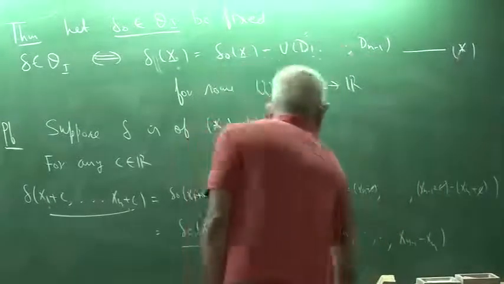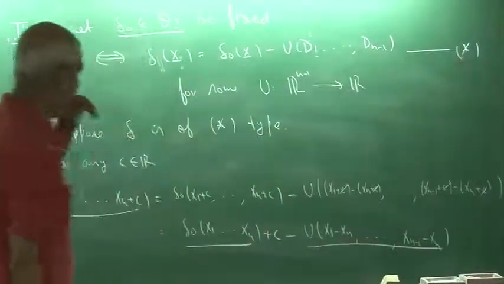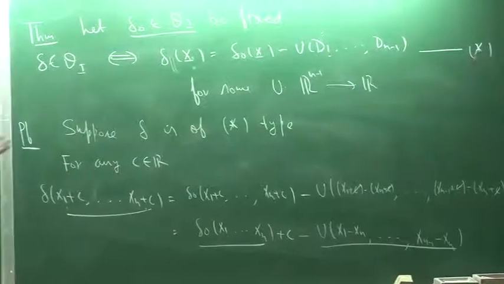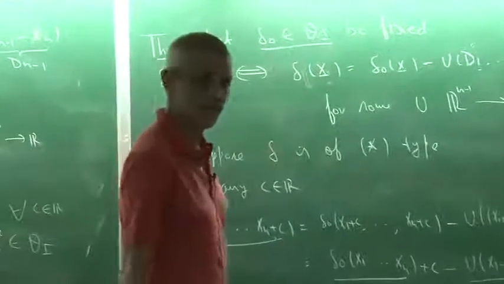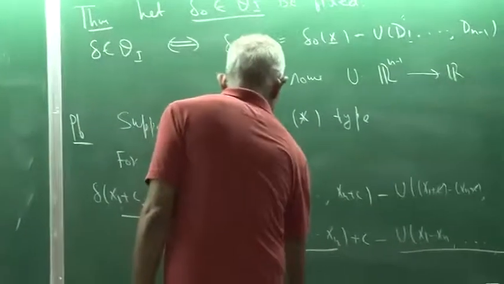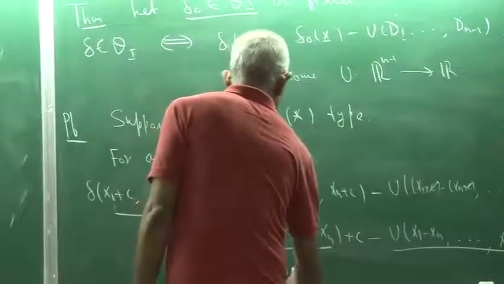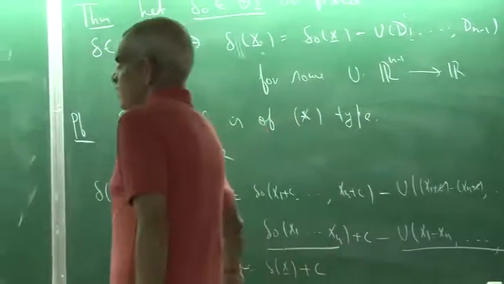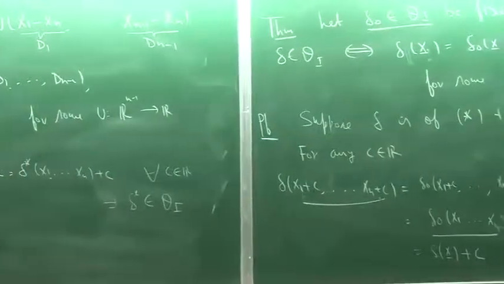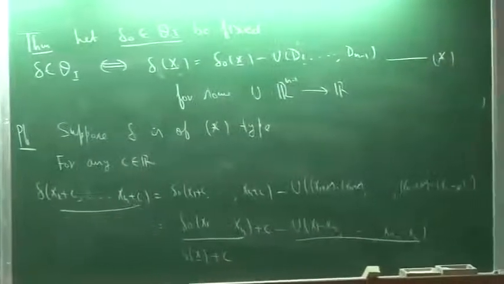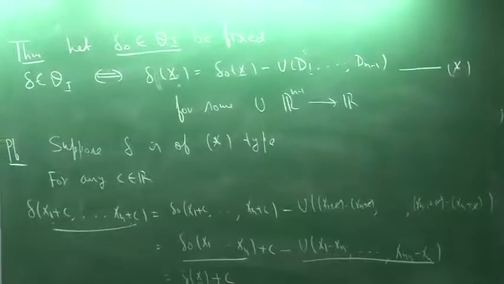But these two quantities together are nothing but delta of x. So this is the same as delta of x plus c, which means that delta is invariant.